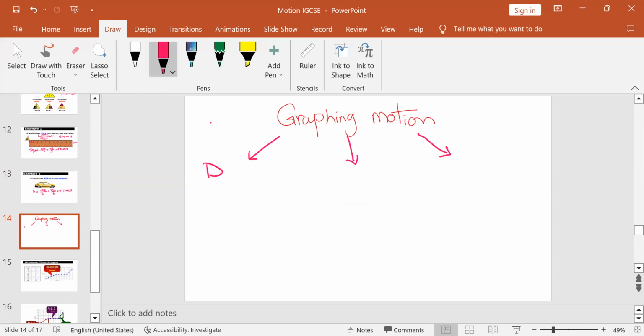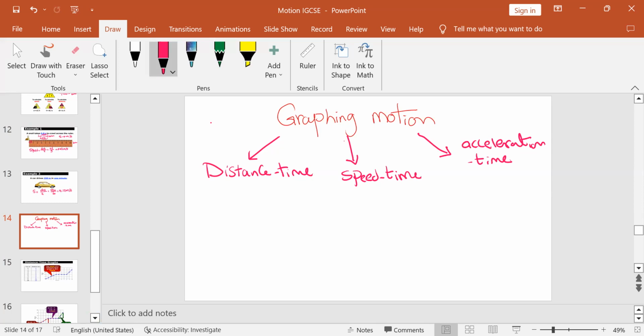Distance time graph, or speed time graph, or acceleration time graph. So we use these three types of graphs to represent motion.